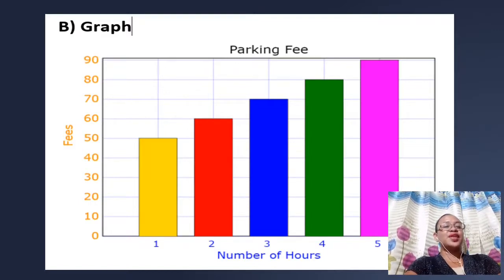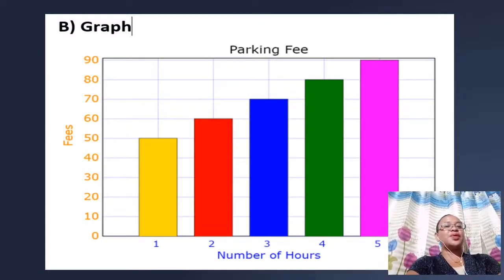And then for our fees, if we park for 1 hour, then according to the situation, we pay 50 pesos. That is why in the fees, that's 50, and we get the intersection of 50 and 1, and so we shade that area, and that becomes our bar graph for the first hour.